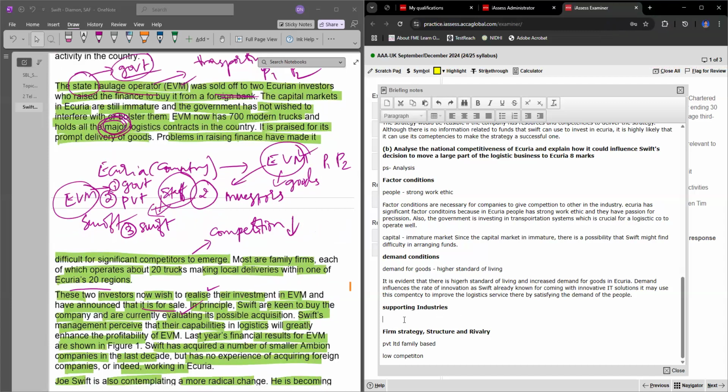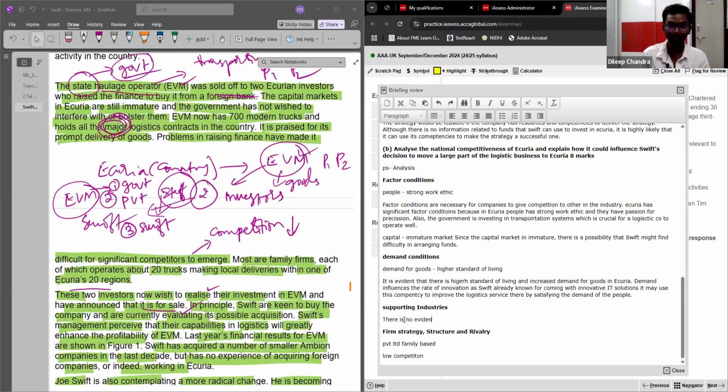So directly we can say that there is no evidence in the case study that ACCA has competitive, or I can say supporting industries related to logistics.